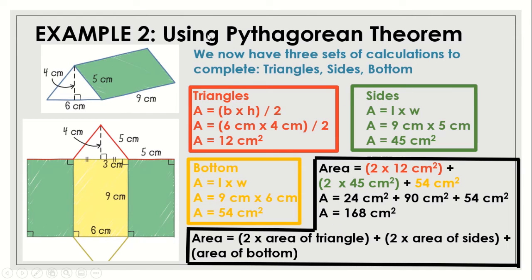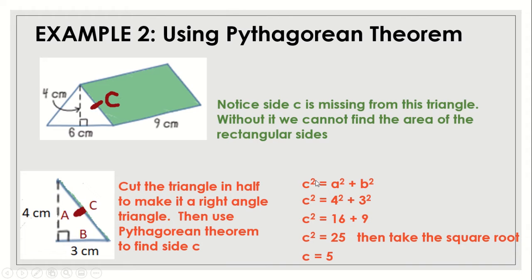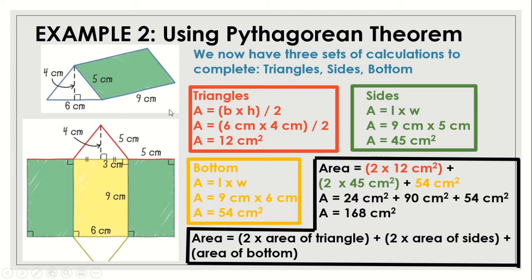Let's look at the same example, and now we're going to apply what we've learned about that side C. I've just got the answer here, 5, written in both my 3D shape as well as my net. So here we go. For my triangles, I've got base times height divided by 2.